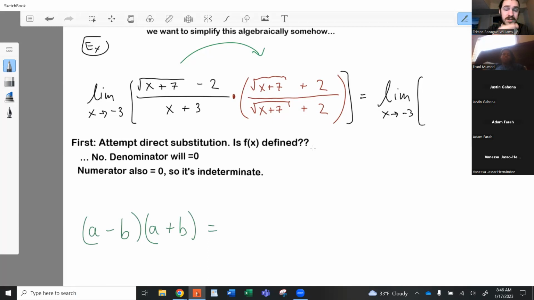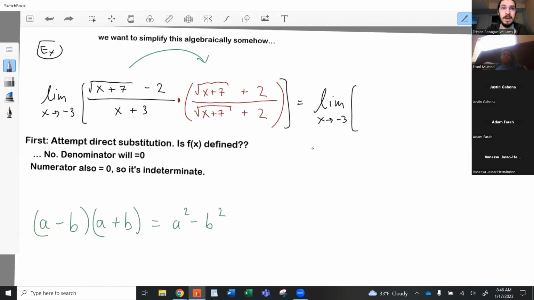When you multiply conjugates together, you always get this difference of squares formula. The reason we're multiplying by conjugates here is so that we can get this difference of squares, and that squaring you see there is going to cancel out the square root, which is going to make it so that our numerator no longer has a square root in it. That's why we're doing this. As you can see, we don't need to do that to x plus 3 because it doesn't have a square root.